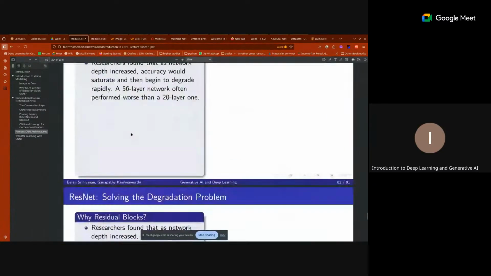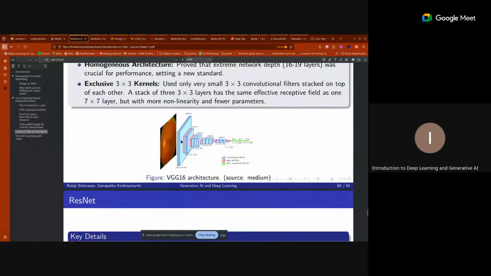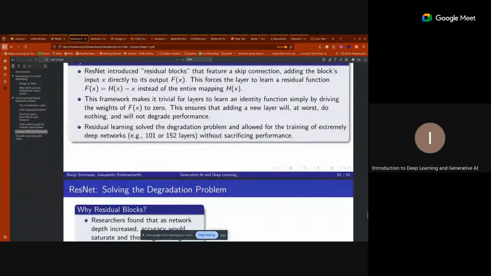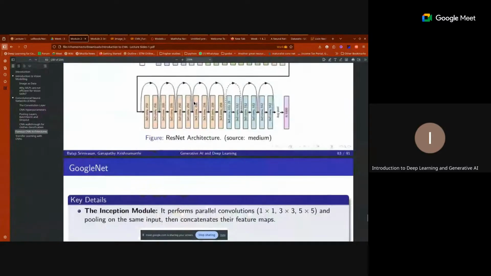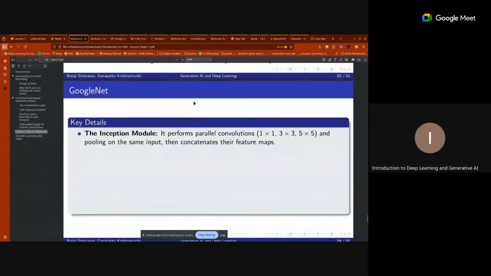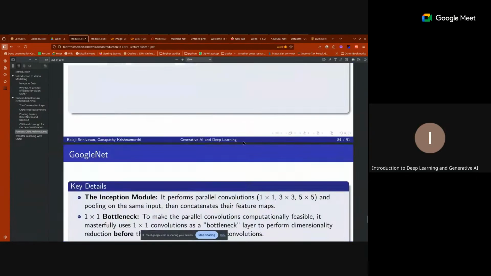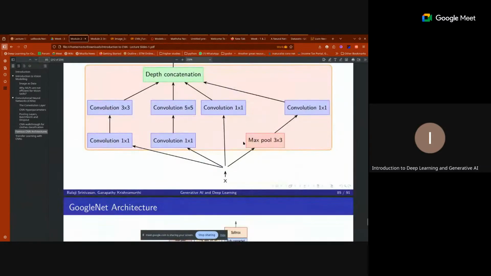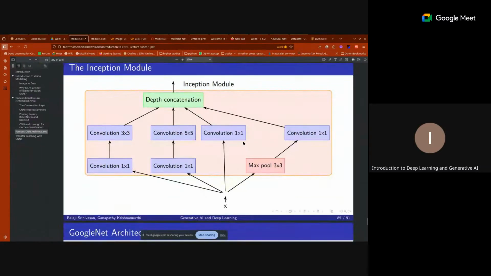One idea is that all these previous architectures use only one type of filter, one size of filter, in a particular layer. But the inception module introduces three parallel convolutions, which means you are convolving the same image with three different filter sizes and concatenating the outputs, right? So let's see the architecture over here. This is how an inception module looks like.